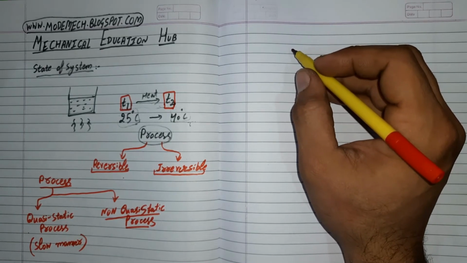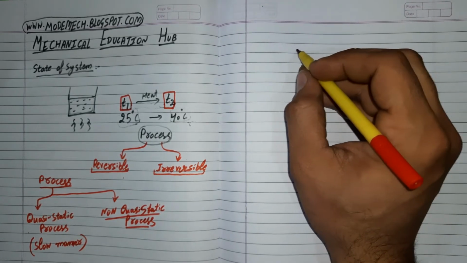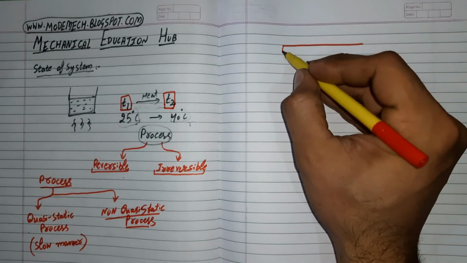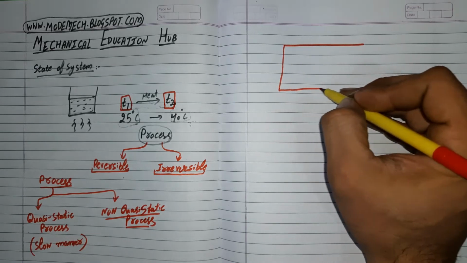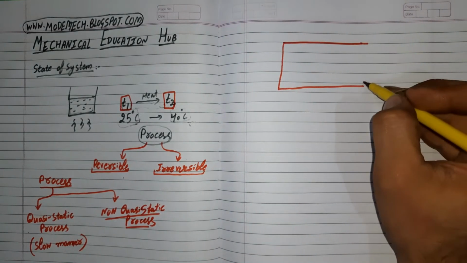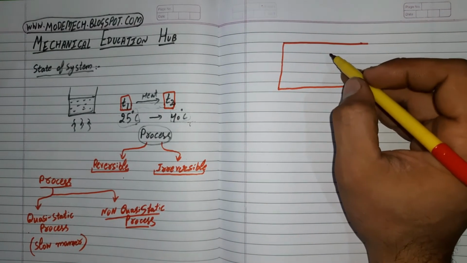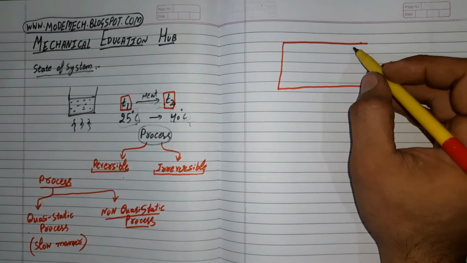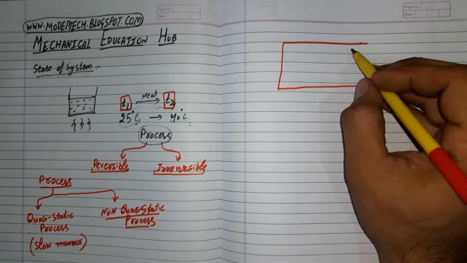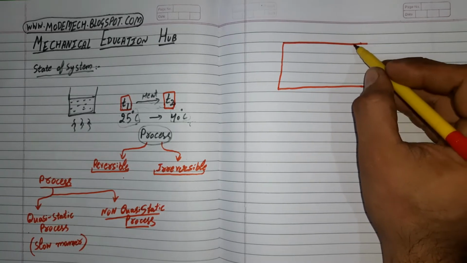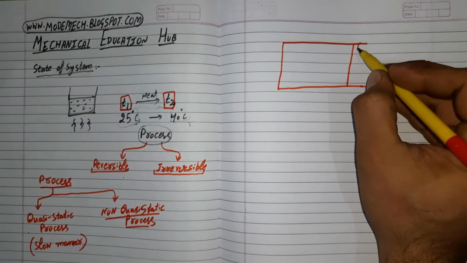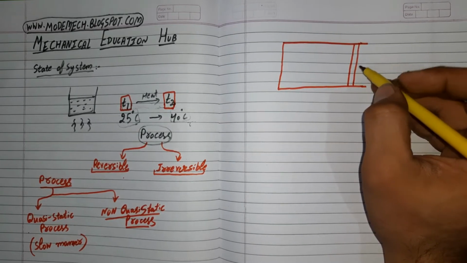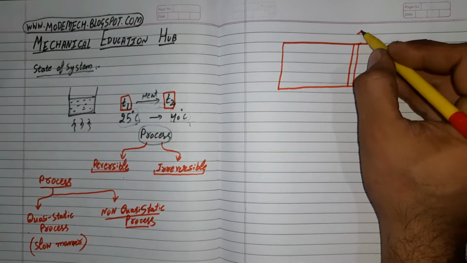Let us take an example, where first of all we are learning about the quasi-static process. In this example, we have a piston and cylinder arrangement. This will be the initial point of the piston.